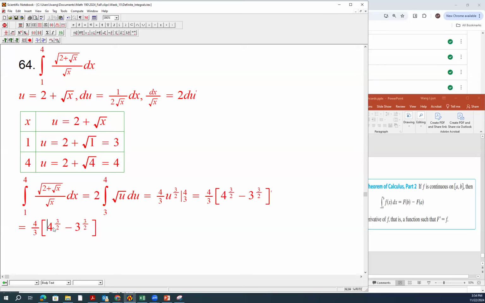4 is equal to 2 squared. So this is 2 squared, and these two powers multiply, we get 2 to the power 3, which is 8.